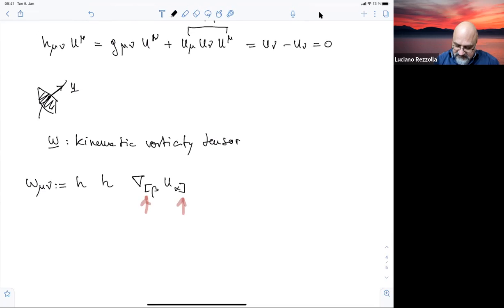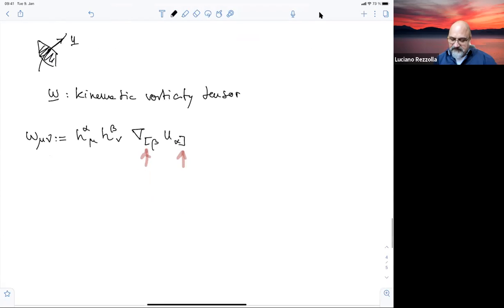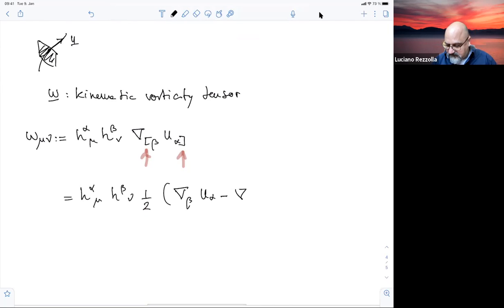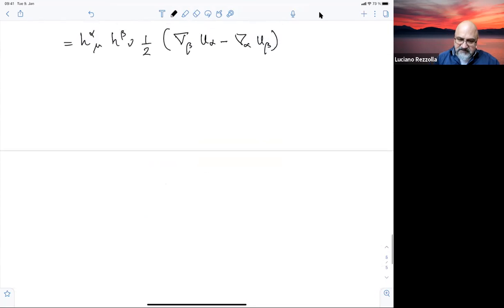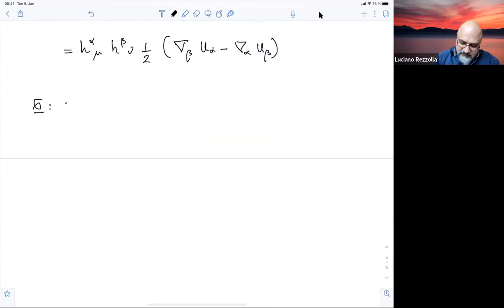So this is h^alpha_mu h^beta_nu times 1/2 of the covariant derivative along beta of U_alpha minus the covariant derivative along alpha of U_beta. And I then have another tensor, which is sigma, called the shear tensor.